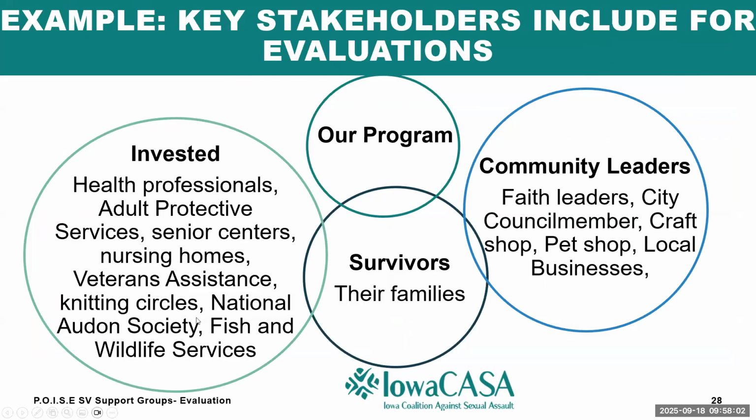So those who are invested in the well-being of this target population and those who care about it as community leaders as well. But we added a fourth circle on this slide, and that is our programs. So we want to make sure that we include our programs as key stakeholders in this case, because we should also be evaluating our staff and our volunteers in our program evaluations for the support group.